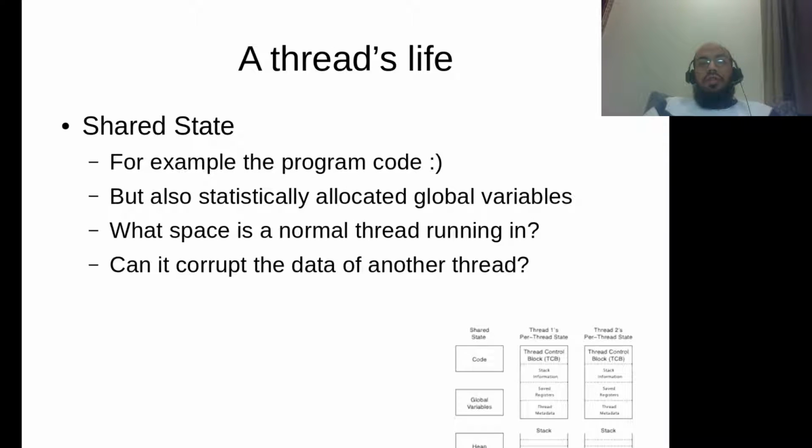You can have threads also with shared state. So if you have 100 threads that all run the same program, let us give an example with a web server. If you have an Apache web server, the handler for each request is roughly the same. You have some sort of server that handles incoming requests from different clients.